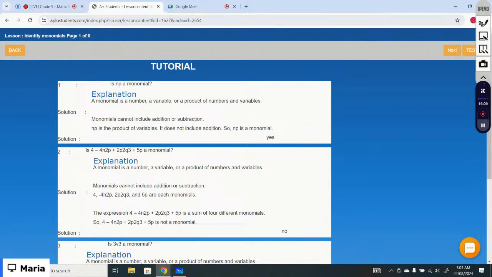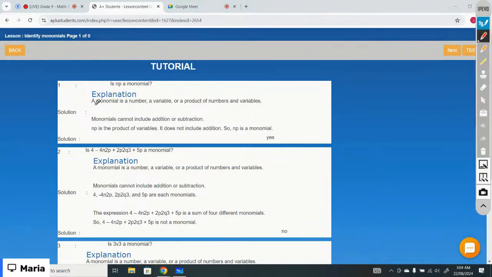Monomials cannot include addition or subtraction. So np is the product of variables, right? You can read this definition carefully and keep it in mind. A monomial is a number, a variable, or a product of numbers and variables. So that's a product of two variables, np. So yes, that is a monomial.